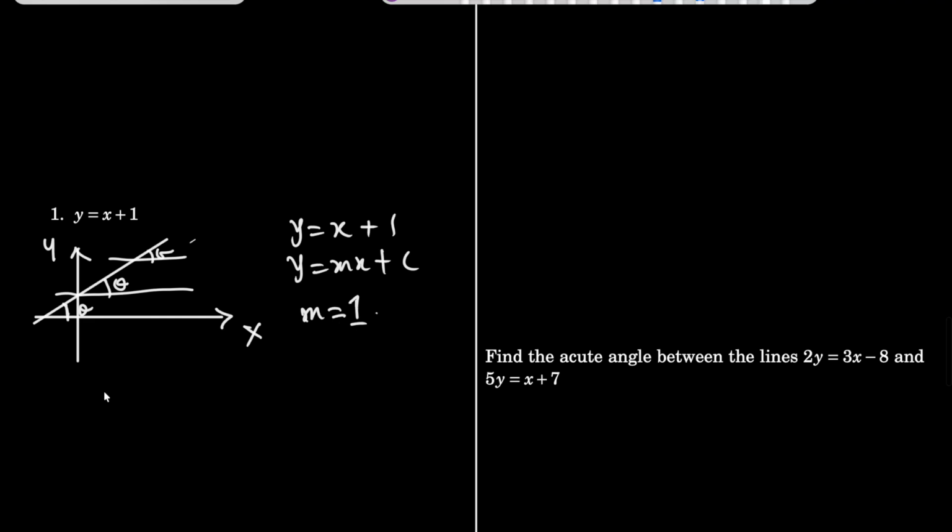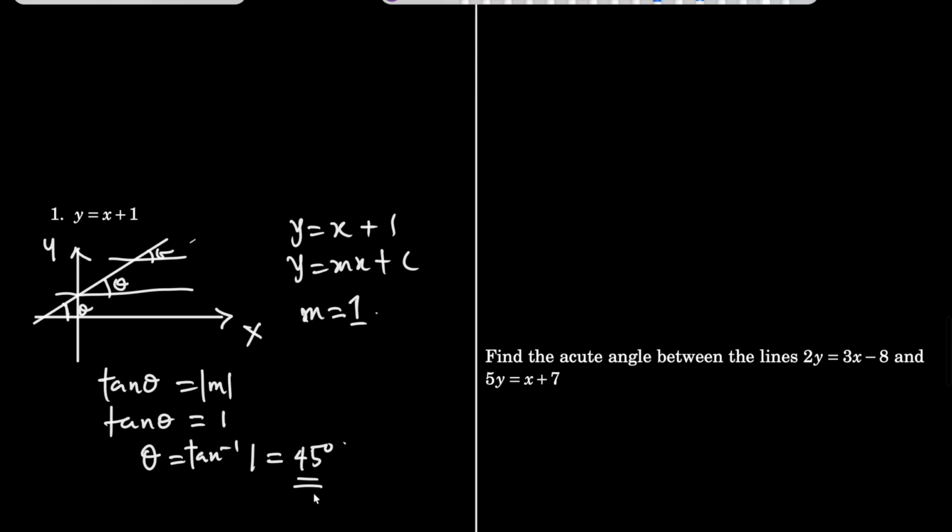If m is equal to 1, remember that tan theta is equal to the absolute value of m. So tan theta is equal to the absolute value of 1, which is 1. So theta is equal to arctan 1. Arctan 1 is 45. Therefore, the angle y equals x plus 1 makes with the x-axis is equal to 45 degrees. It's as simple as that.